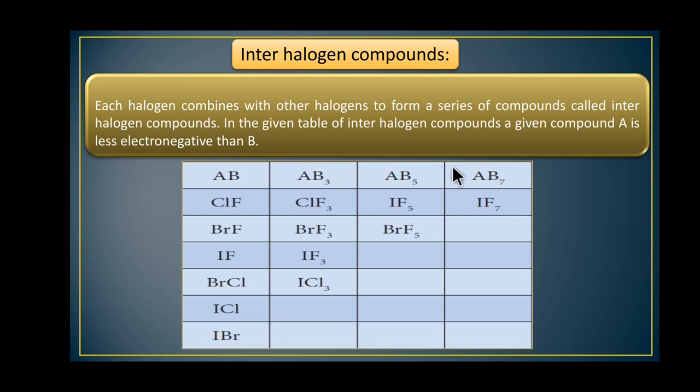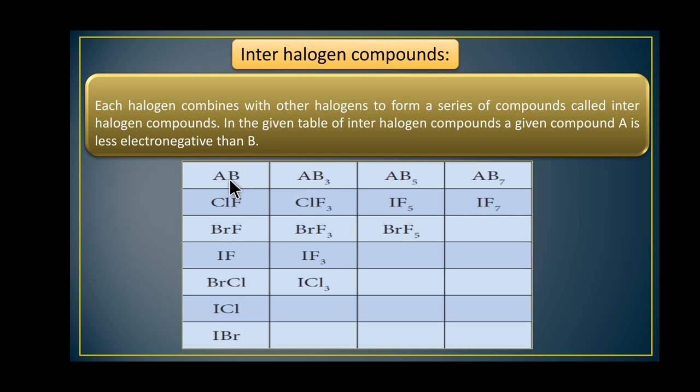Here, compound A is less electronegative than compound B. Generally we are going to discuss the AB type, AB3 type, AB5 type and AB7 type. First, we are discussing AB, where A is less electronegative compared to B.